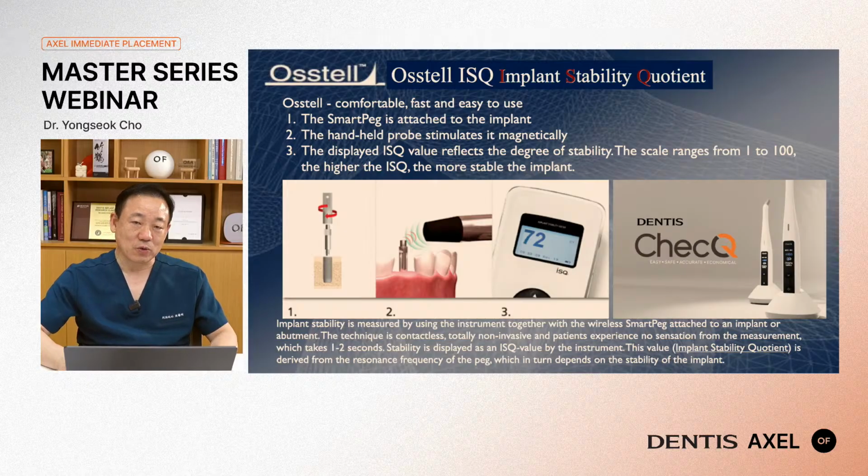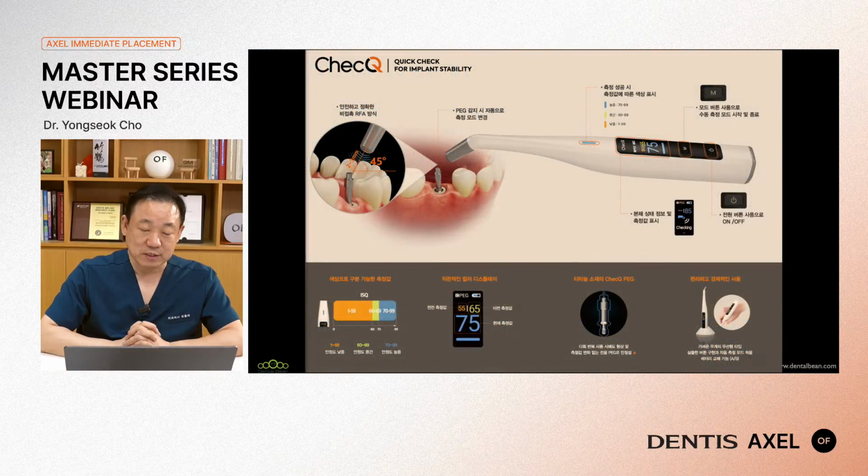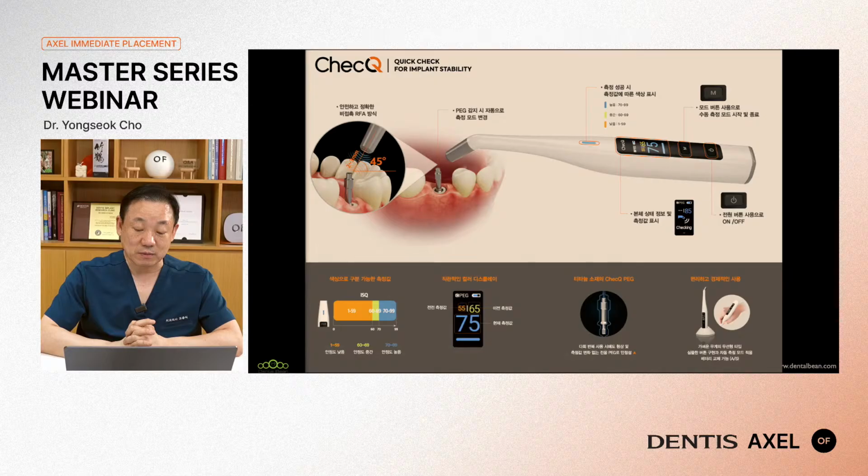The price of the Osstell device is really expensive. That's the main obstacle to using Osstell. And recently, Dentium introduced the CheckQ, which provides the same implant stability measurement function as Osstell, while being designed for great ease of use.